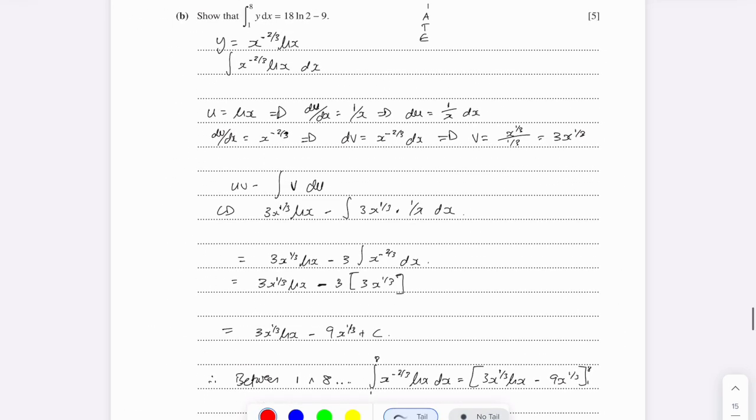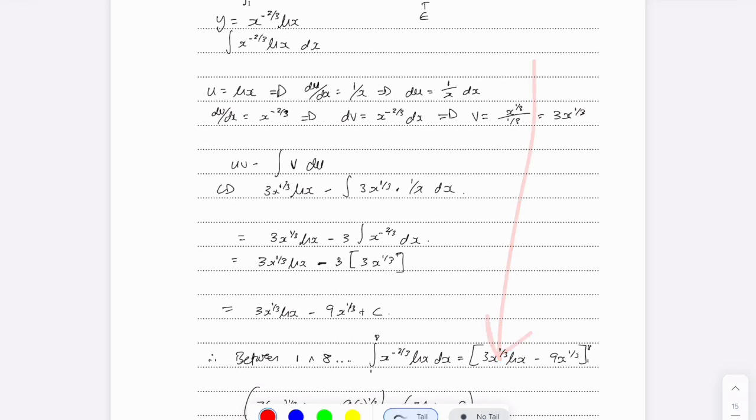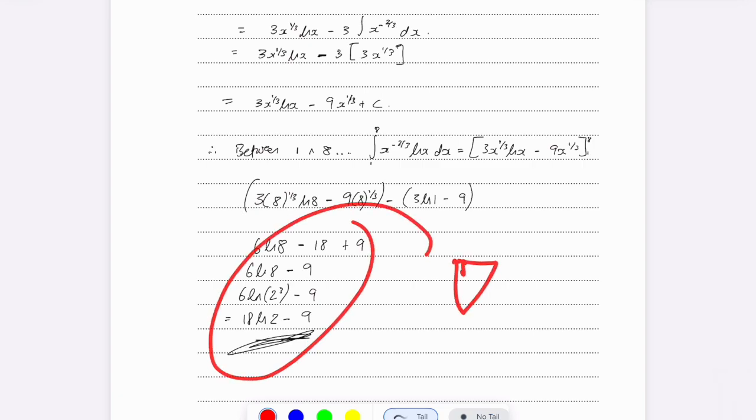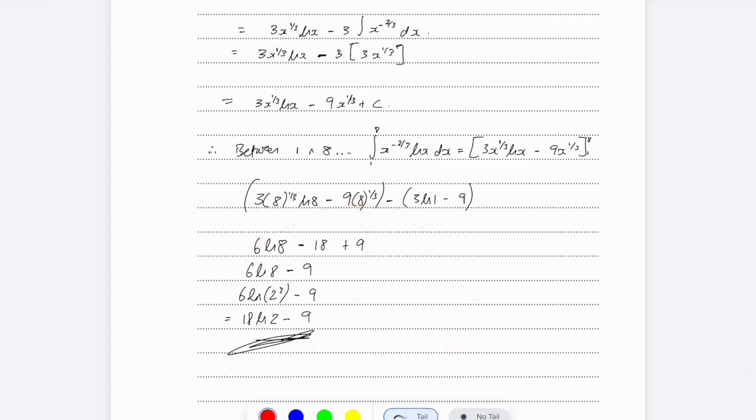It's not too difficult. The integration is pretty standard. You just need to recognize that u is going to be the ln function, and another thing to watch out for is ln 8. You need to transform that into 2 to the power 3, and then bring the 3 down, in order to get the final form that they want.